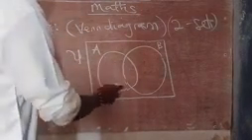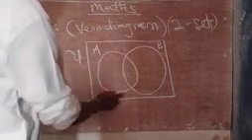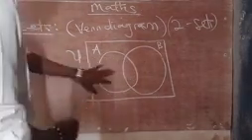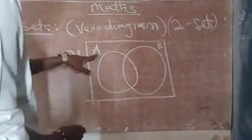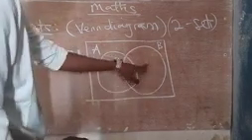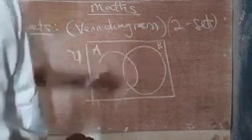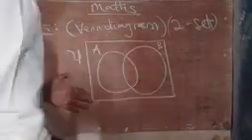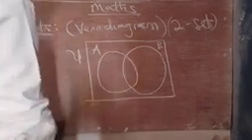Aside from this point of intersection, only this portion here represents all the members of set A. Only this portion here represents all the members of set B, not both. This portion represents what is common between them.